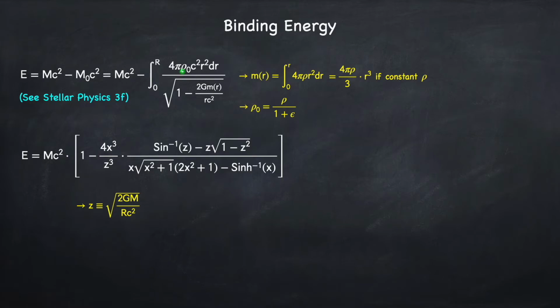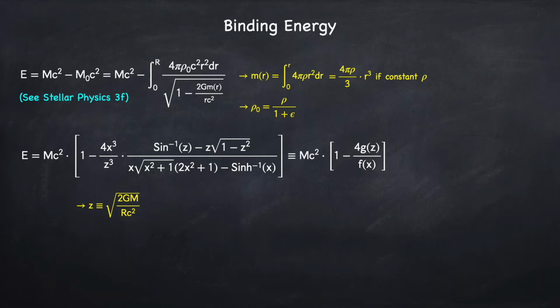Now I don't want to have to keep writing this messy expression every time, so I'm going to rewrite it as mc squared times 1 minus 4 times a function g of z divided by a function f of x, where g of z is this function in the numerator divided by z cubed, and f of x is this function in the denominator divided by x cubed. This function of x here, by the way, just comes from this 1 plus epsilon naught, or this rho divided by 1 plus epsilon naught.